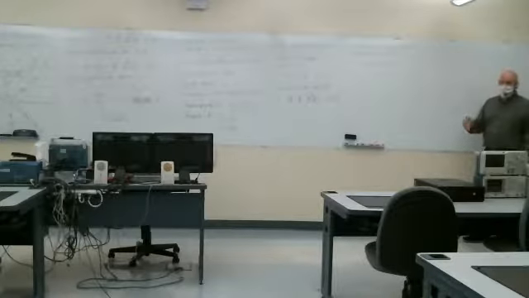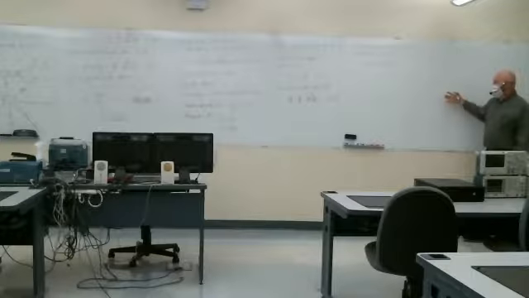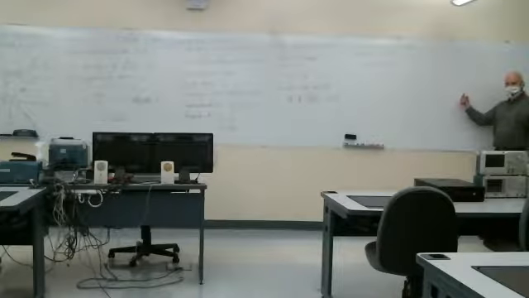If you think about the whiteboard being an area, the unit vector I associate with that is the normal to the whiteboard, the normal to my little area. So that's the vector we associate with it.